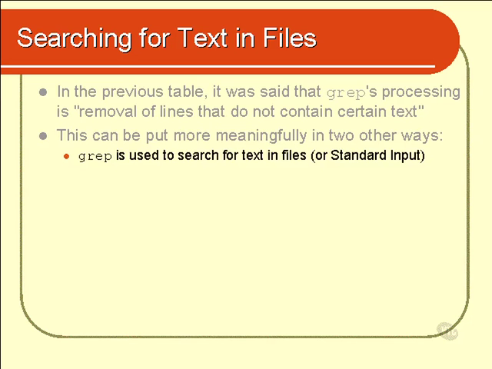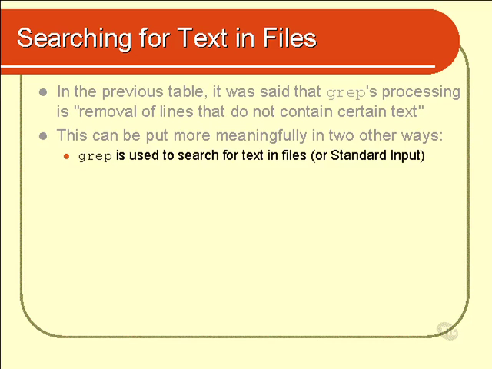Or, put another way, it'll remove all the lines that do not contain the text. Thus you can see that grep is used to search for text, or at least display certain text in files. And of course, whenever I say files, I also mean standard input.